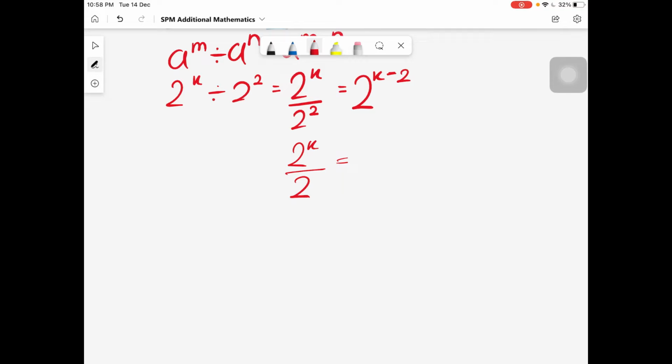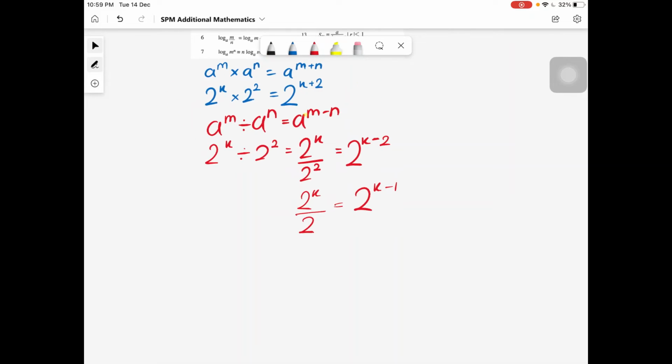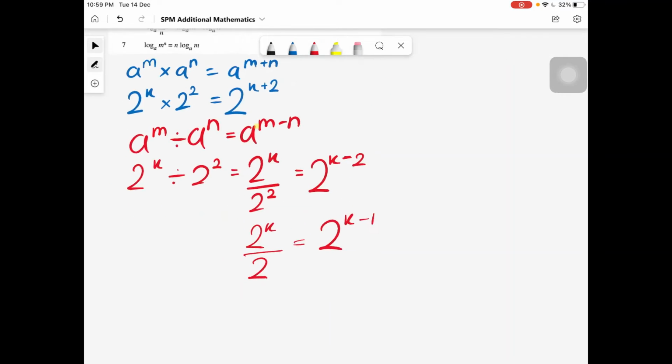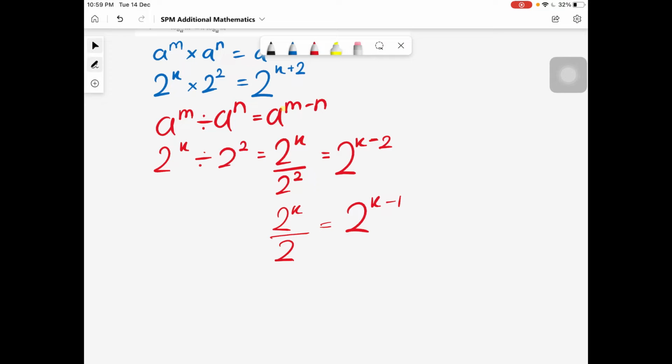So I will proceed. The identity will be simply 2 power x minus 1. Okay, so I hope you got it correct. Because this 2 is 2 power of 1, you should not be confused with 2 power of 2, which is what we see over here.